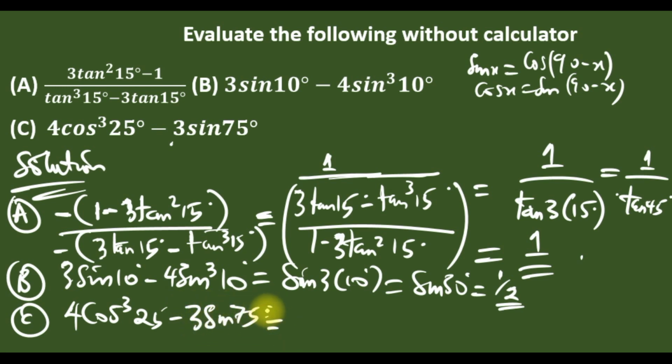We can change sine 75 to cos, which is now 3 cos 25, from what I just said. So now this is the triple identity for cosine.